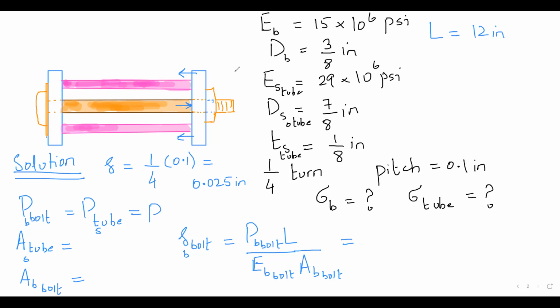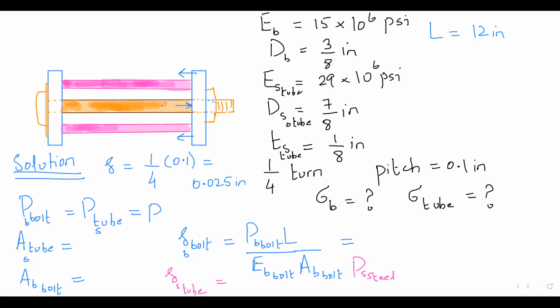Then we have steel, equal to, okay, we will have P S. Oh, I apologize. I think this is steel tube. Why am I writing? Sorry, steel tube.